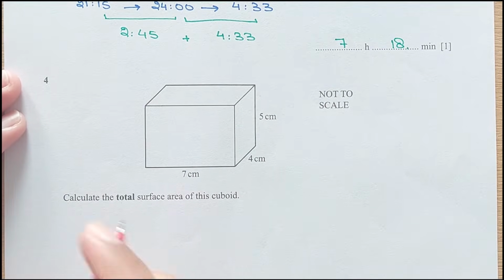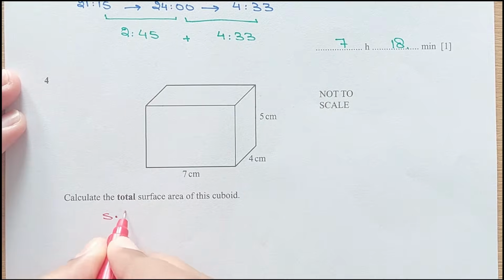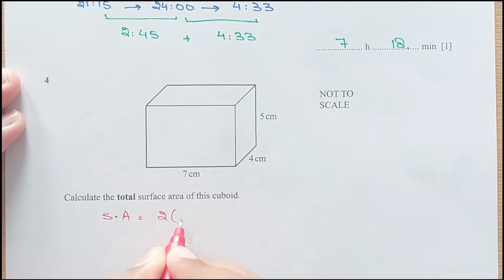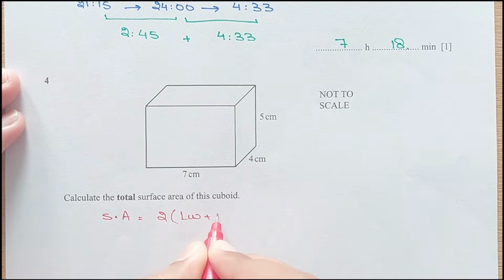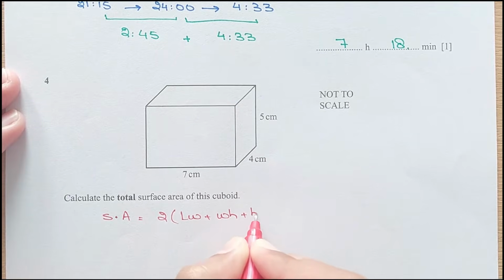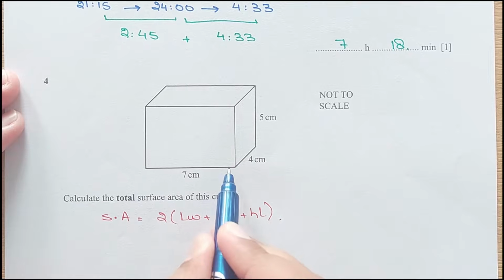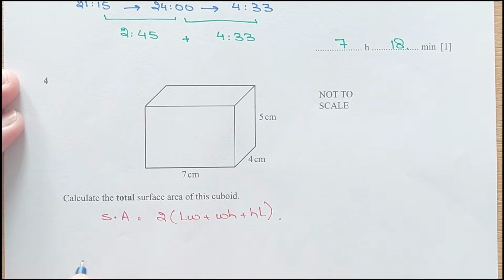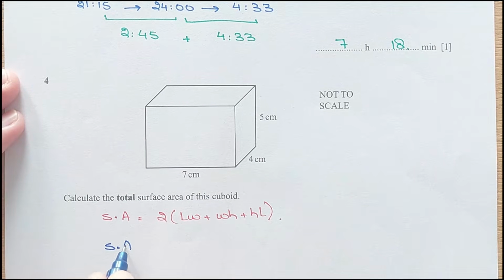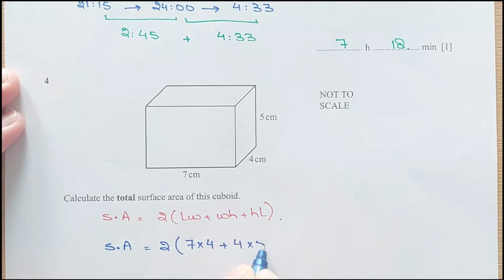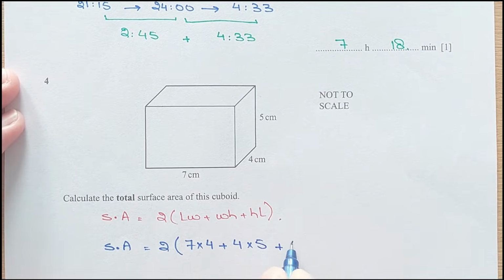Right, now question number 4, calculate the total surface area of the cuboid. The formula for the surface area of a cuboid is 2 times length times width plus width times height plus height times length. So we have the length, the width, and the height. Surface area is 2 times (7 times 4 plus 4 times 5 plus 5 times 7).